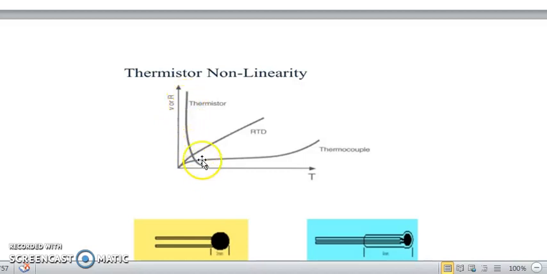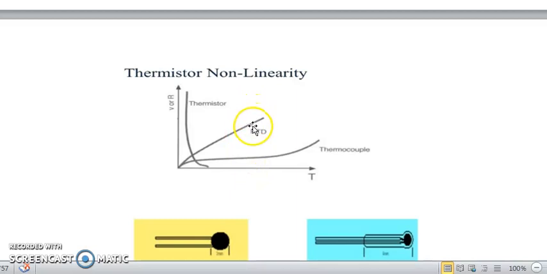As temperature increases, thermistor resistance decreases sharply. There may be different graphs, but it will be an exponentially decaying graph for an NTC thermistor.